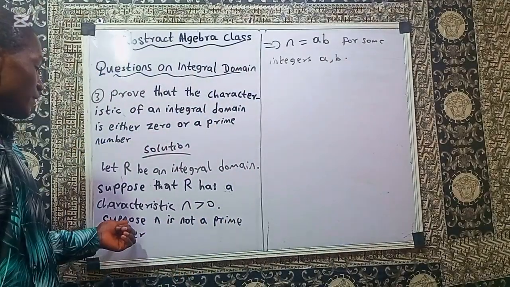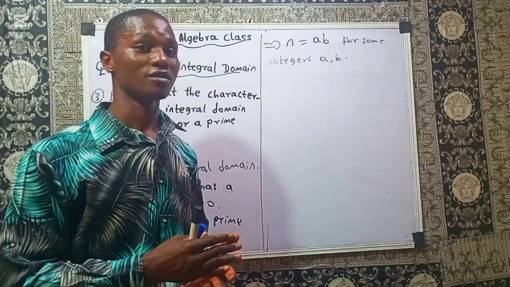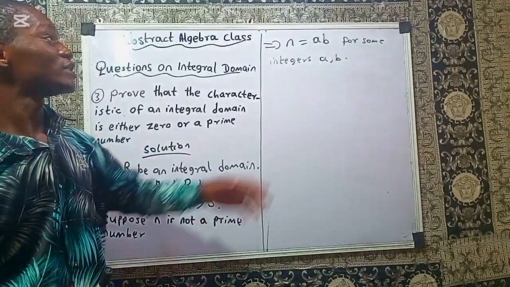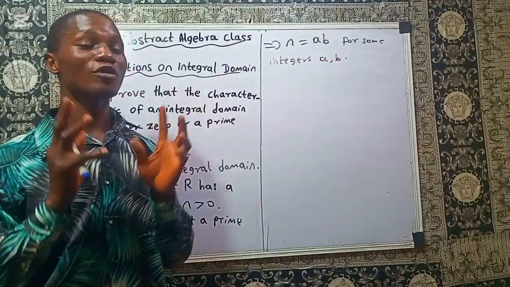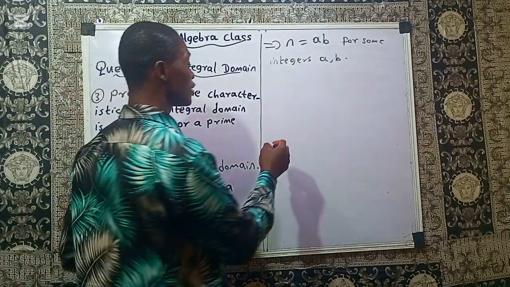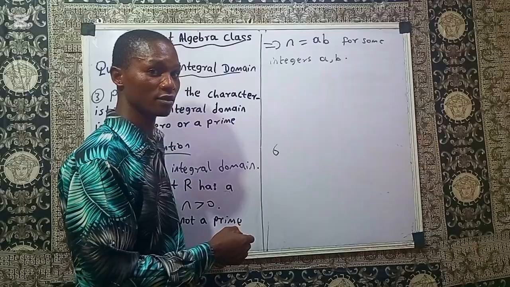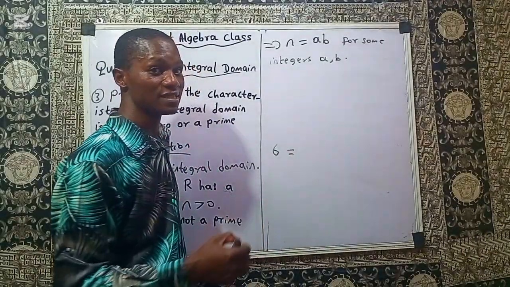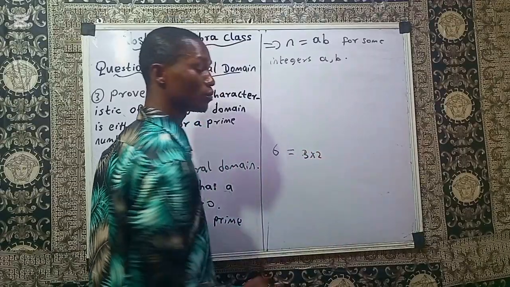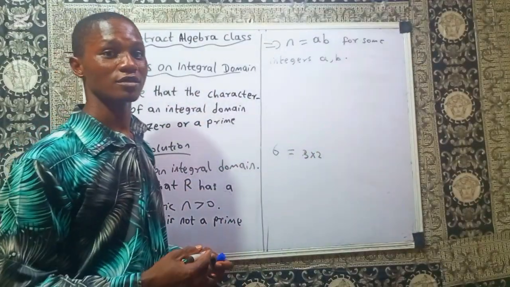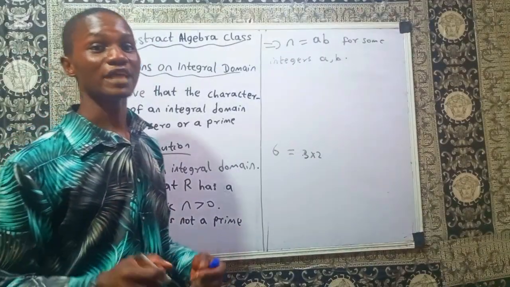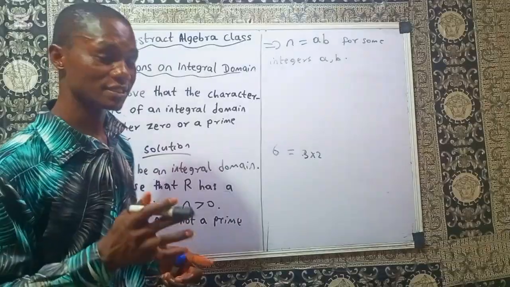If n is a positive integer and n is not a prime number, it means that n will be equal to the product of two integers. For instance, you can think of 6. 6 is not a prime number. I have two integers that I will multiply to get 6, which is 3 times 2. You can think of other integers that are not prime numbers. You will notice that there must be two numbers you are going to multiply to get that very integer.